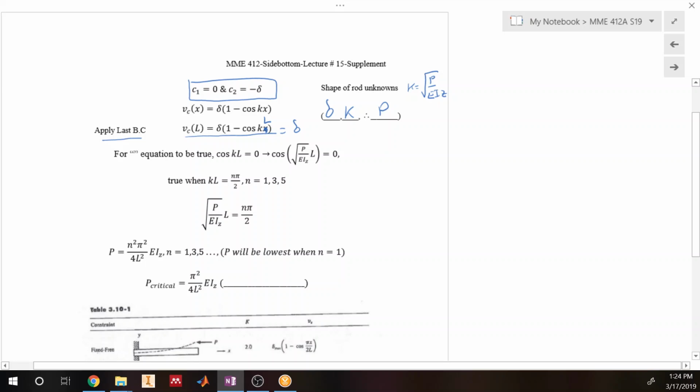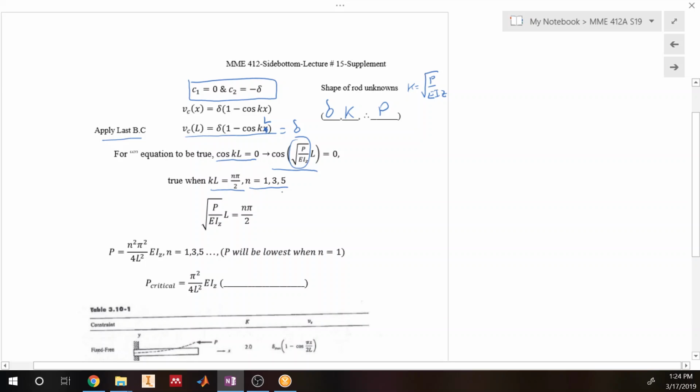So the only time that can be true is if cosine of kL is equal to 0, which we also know is when cosine of square root of P over EI z times L is equal to 0. And that will only happen when kL is equal to n pi over 2, where n is an odd integer like 1, 3, or 5.